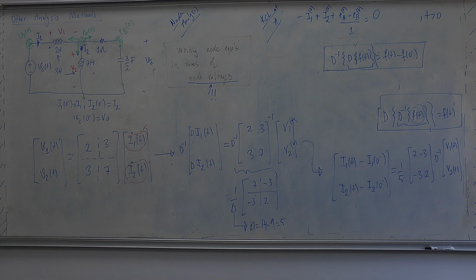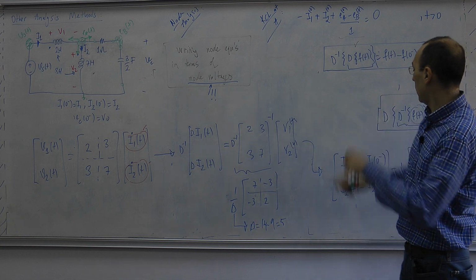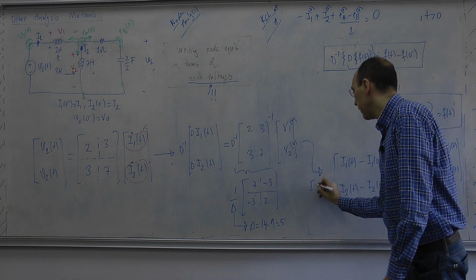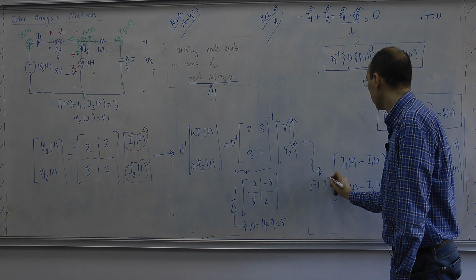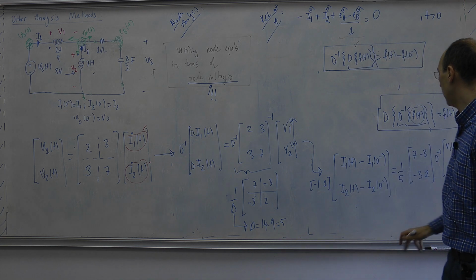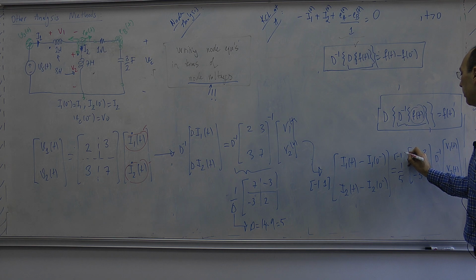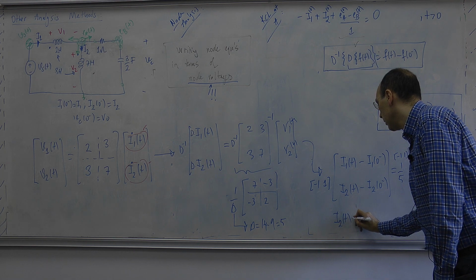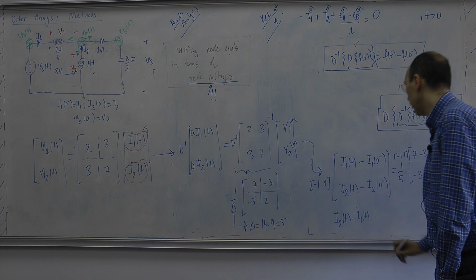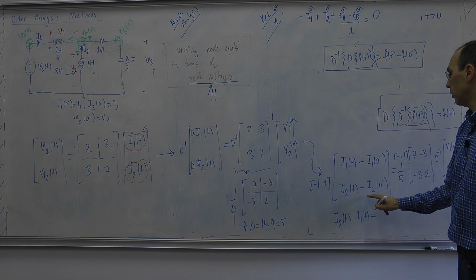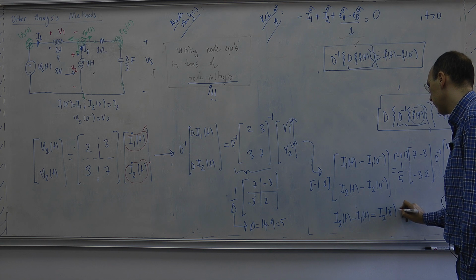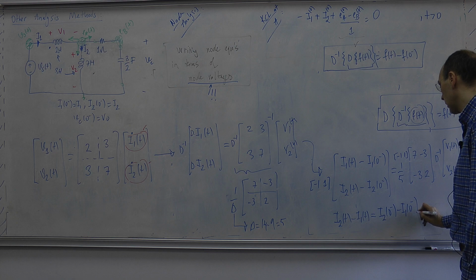Okay. So I need, as you see, I2 minus I1. Okay. So again, I can multiply this by minus 1 and 1. So I get this. I2 of t minus I1 of t is equal to, let me put this on the other side then. Okay.